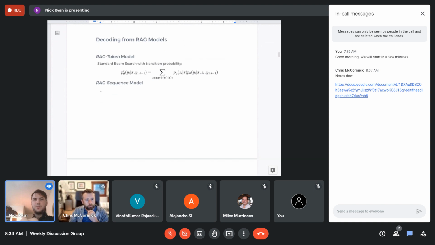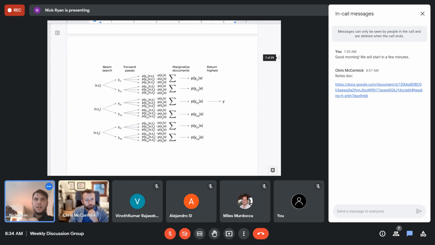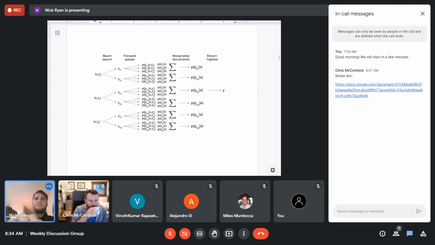And the RAG sequence model has a much more complex way of decoding answers. I'll do this briefly. We're given one document and the question. And from here, say we generate two hypotheses about what the first word is.